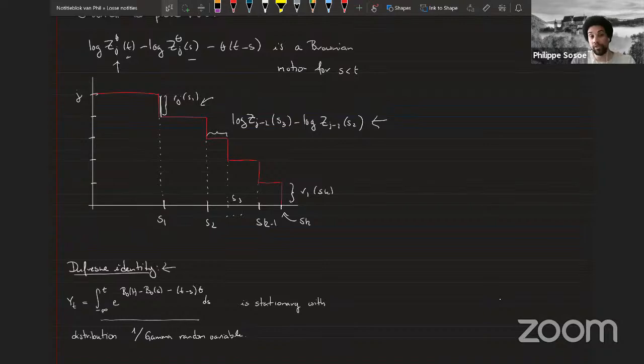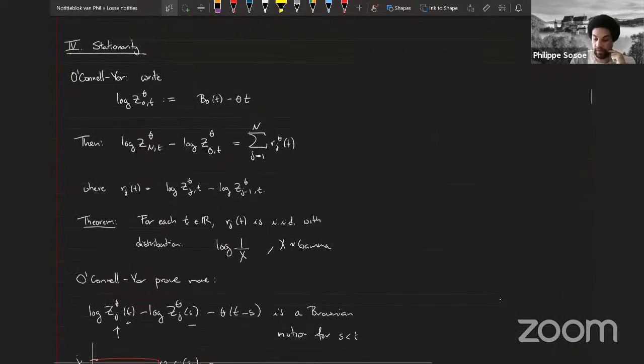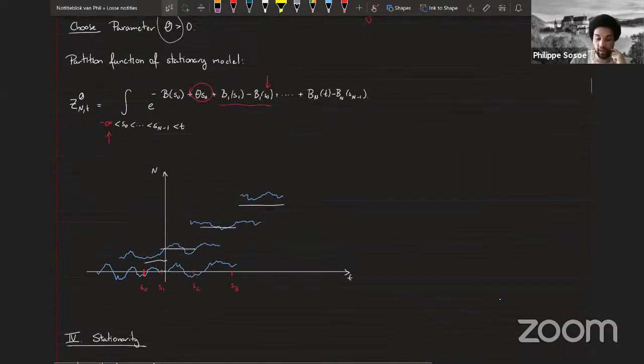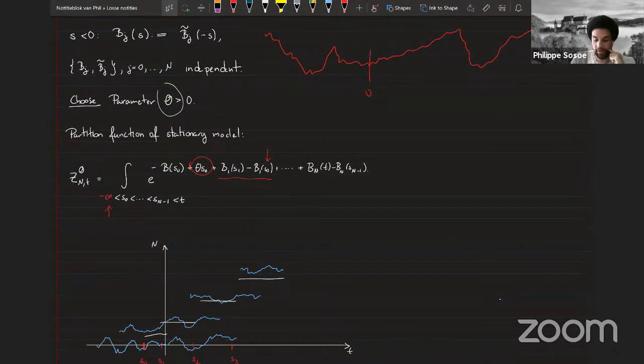All right, so what have we done so far? We've introduced something that looks like a polymer partition function, and I'm claiming that it has a special stationarity property when we look at the differences of the logs for different sizes of the system. How does that help us?